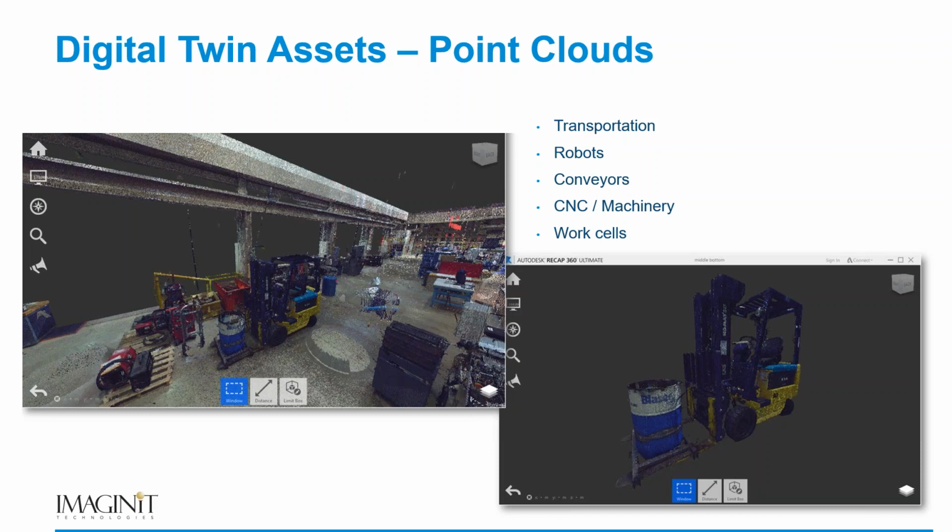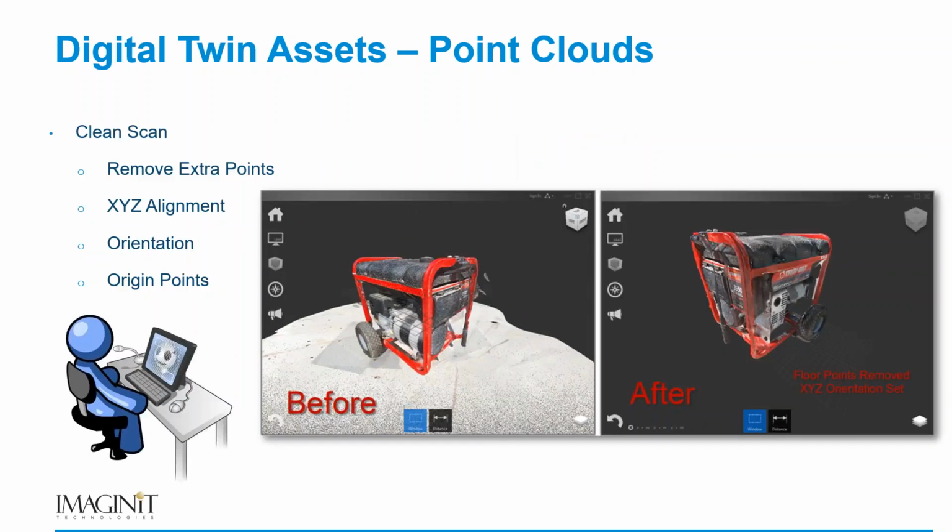Maybe I don't have time to model a forklift, but I have the asset there. Maybe it's a special forklift, right? It's got flame stickers on it. I love showing that, so I need to have that in the point cloud. Robots, conveyors, work cells, things that it would be painstakingly difficult to remodel, right? If I can just go out there and scan it and capture it, it makes my path to digital twin a lot faster.